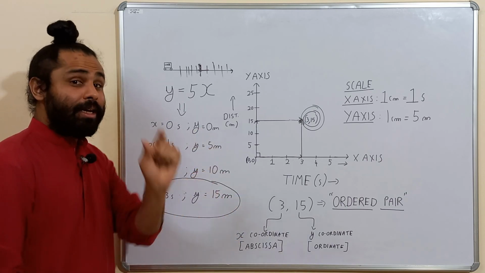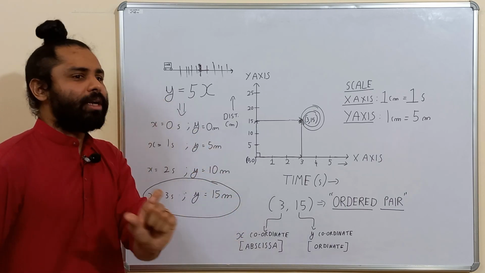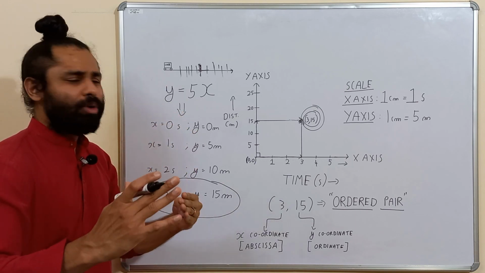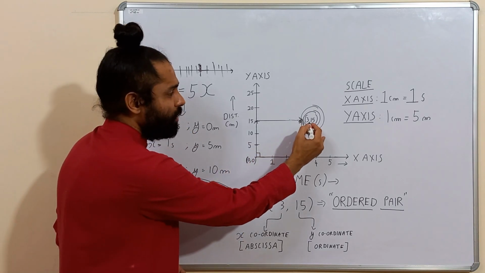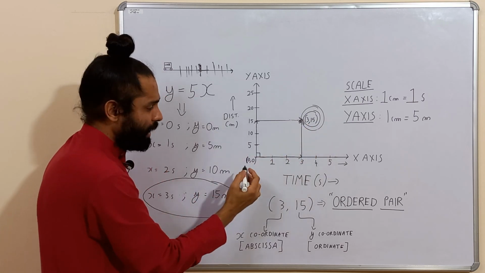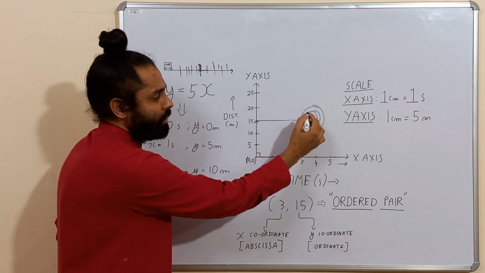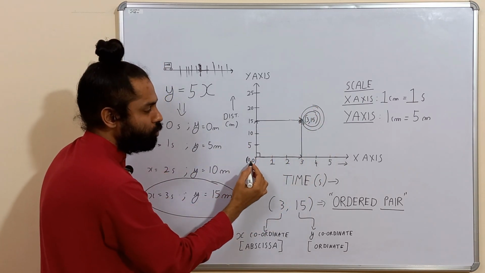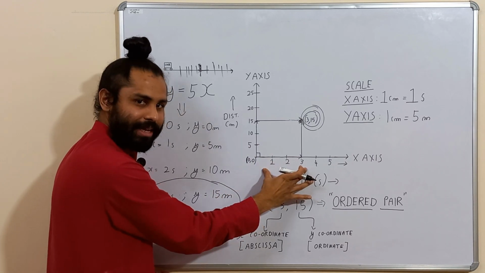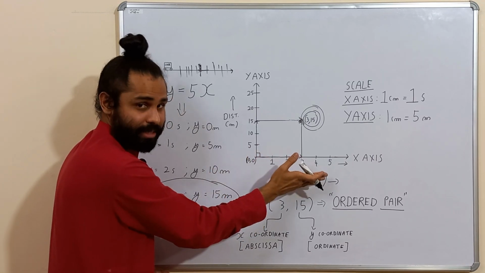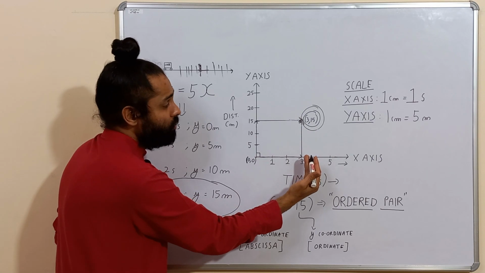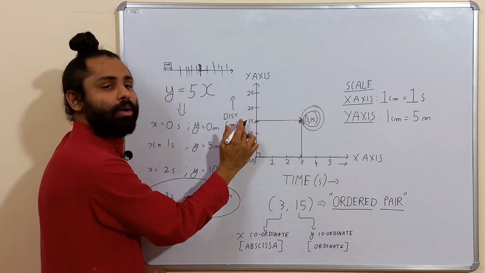Geometry because of space. Why do we use the word coordinate? Coordinate is just a very fancy word to show the location of this particular point by what movements were made. Like 3,15 has been located by moving 3 units along the x-axis. In this case, the x-axis is time. And then we have moved 15 units along the y-axis.